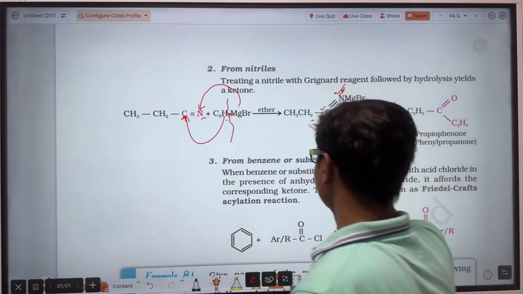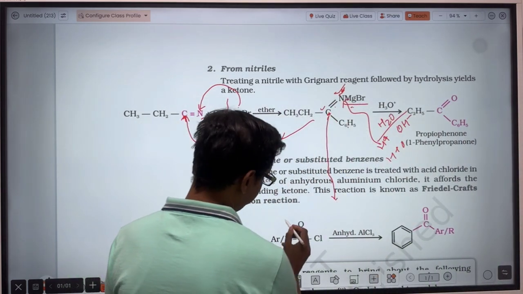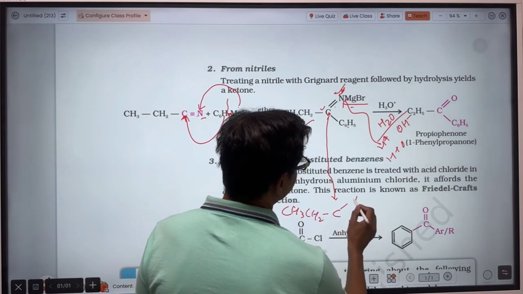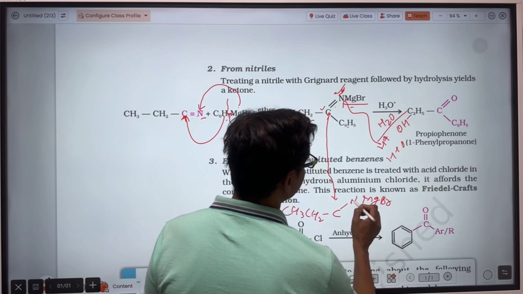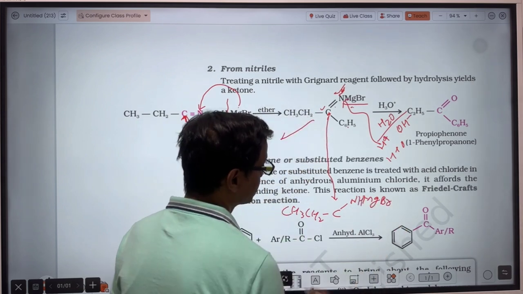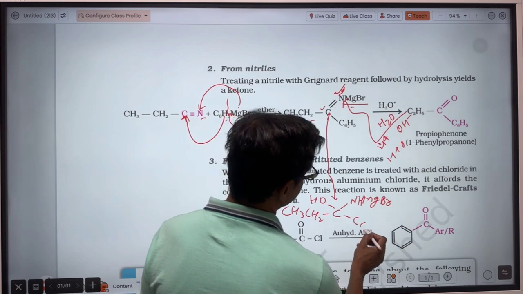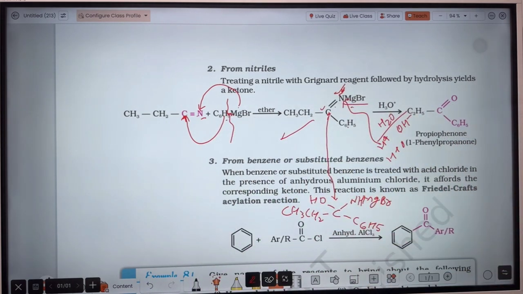Here is the step I am writing. To the nitrogen with MgBr, one hydrogen will bond, and one OH will bond to this carbon. That will be the product.